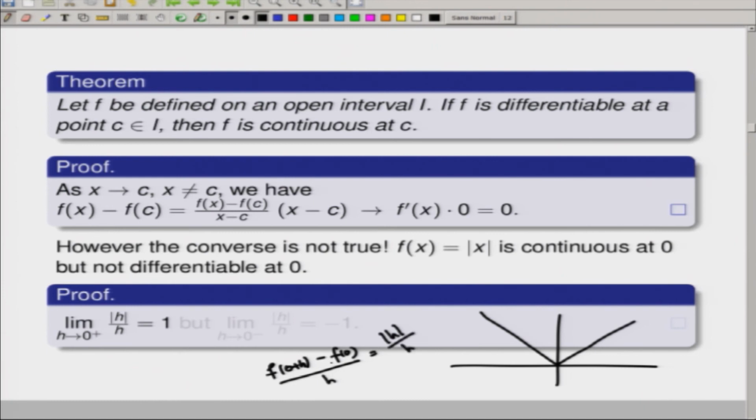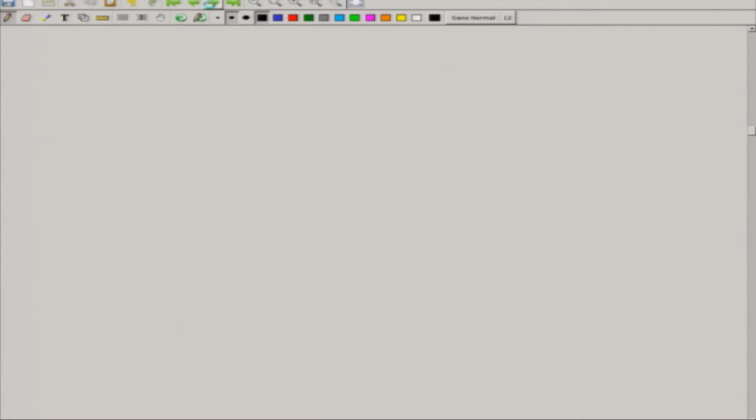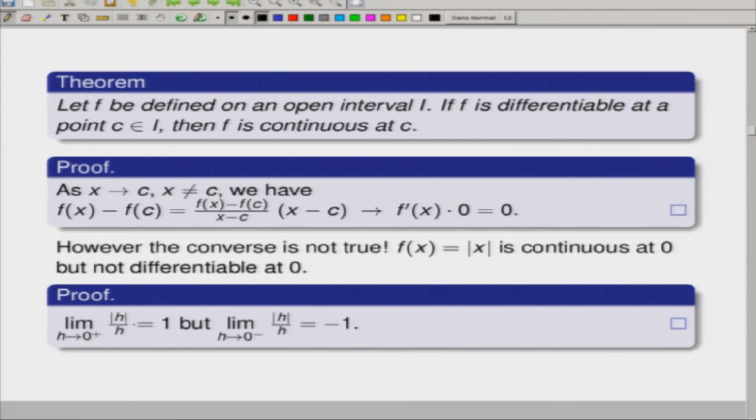Now, as h goes to 0 plus, mod h is going to be h. Therefore, this is h by h, which is equal to 1. So, the right hand limit is 1, and for the left hand limit, when h is less than 0, mod h is going to be minus of h.